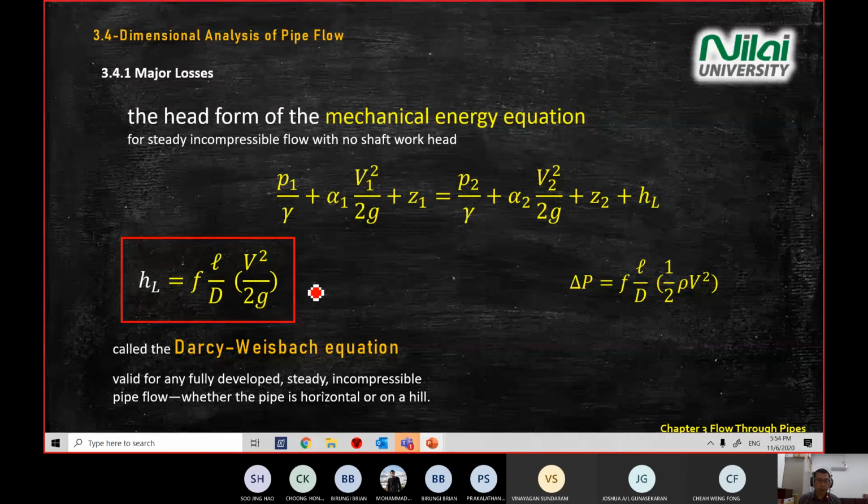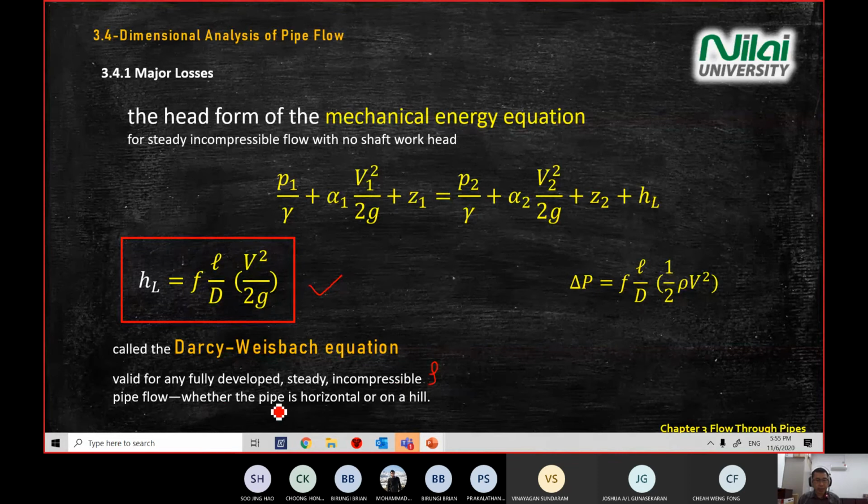This is called the Darcy-Weisbach equation. And when does it apply? It will apply to any fully developed, steady, incompressible flow. Again, incompressible deals with your density.